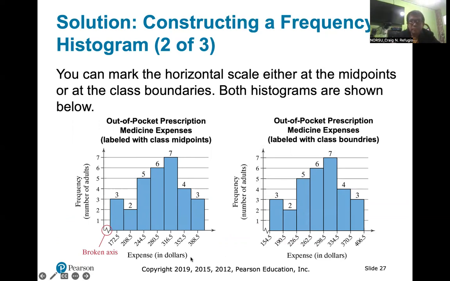Let me move this first so we can see it clearly. If you notice this broken axis, it means we go directly to 172.5. But take note, the scaling of your x-axis and the scaling of your y-axis must be the same.